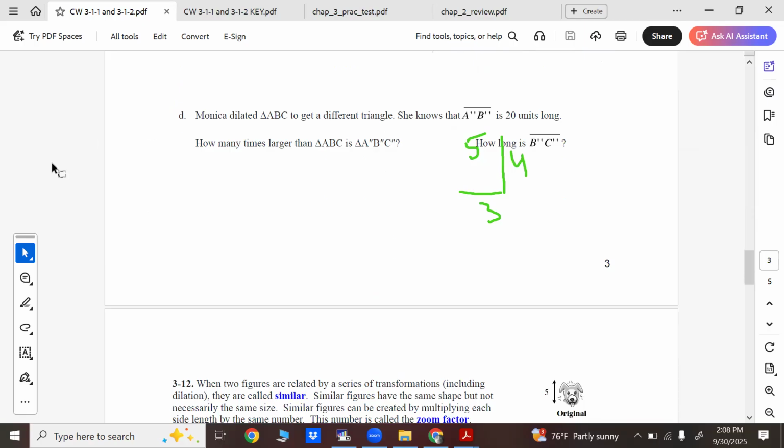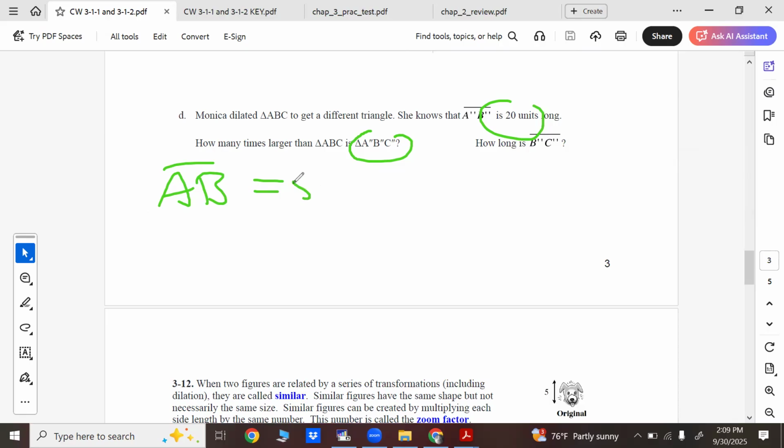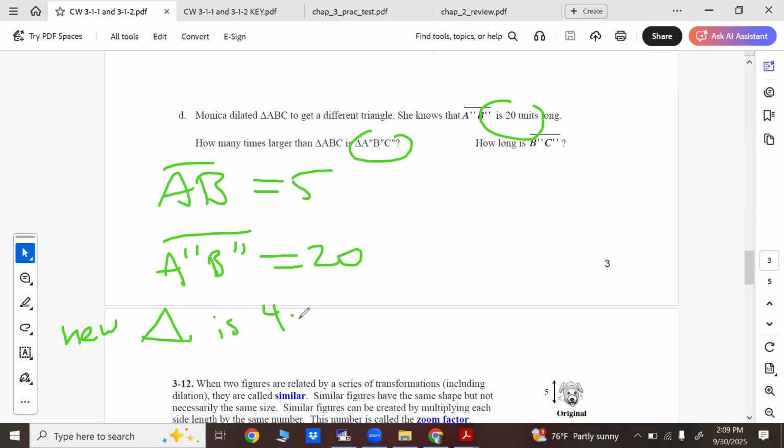So now, how many times larger would the new triangle be? 4 times longer, exactly. Since AB was 5, and since A double prime B double prime was 20, the new triangle is 4 times longer on each side.